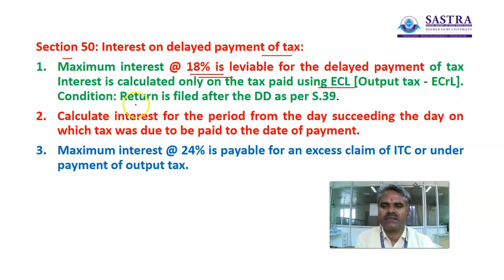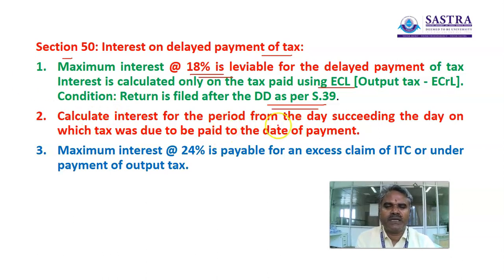Condition: the return is filed after the due date as per section 39. So when you file the return after the due date, or pay the tax late, they will charge 18% interest for delayed payment.